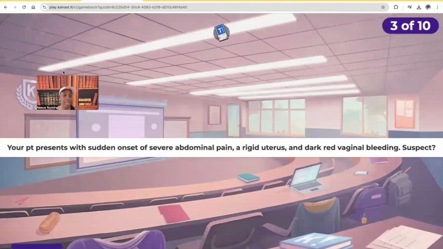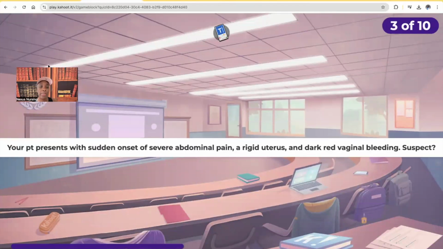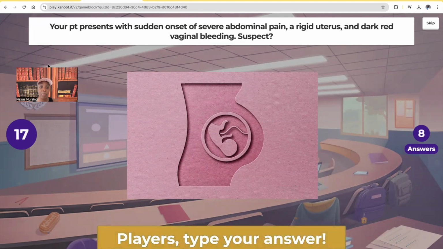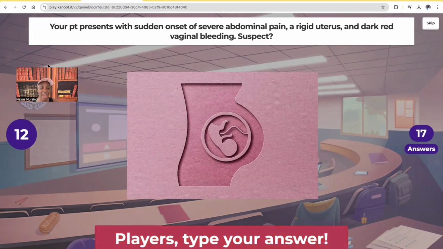All right, type in your answer. Your patient presents with sudden onset of severe abdominal pain, rigid uterus, and dark vaginal bleeding. What should you suspect as a nurse? Again, your patient presents to the emergency room with severe abdominal pain, a rigid uterus, and dark vaginal bleeding.